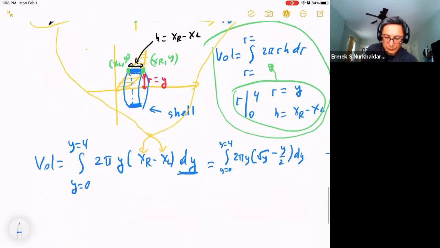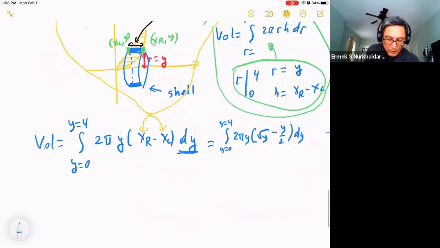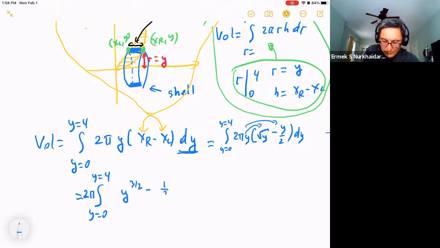And that's a reasonably easy integral. Take 2 pi out because it's a constant, and multiply by y. We're going to get y to the 3/2 minus 1/2 y squared dy.